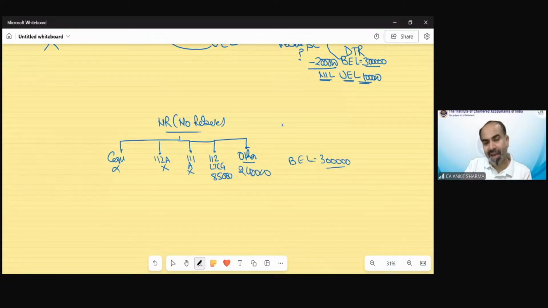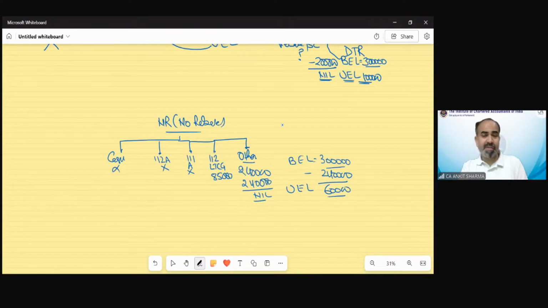Now, the basic exemption limit for a non-resident is 3 lakh. Out of this 3 lakh, 2,40,000 is going to be utilized over here. So we will call the unexhausted exemption limit 60,000. As we have gone through the provision just a few minutes before, is this unexhausted exemption limit allowed against section 112 or not?